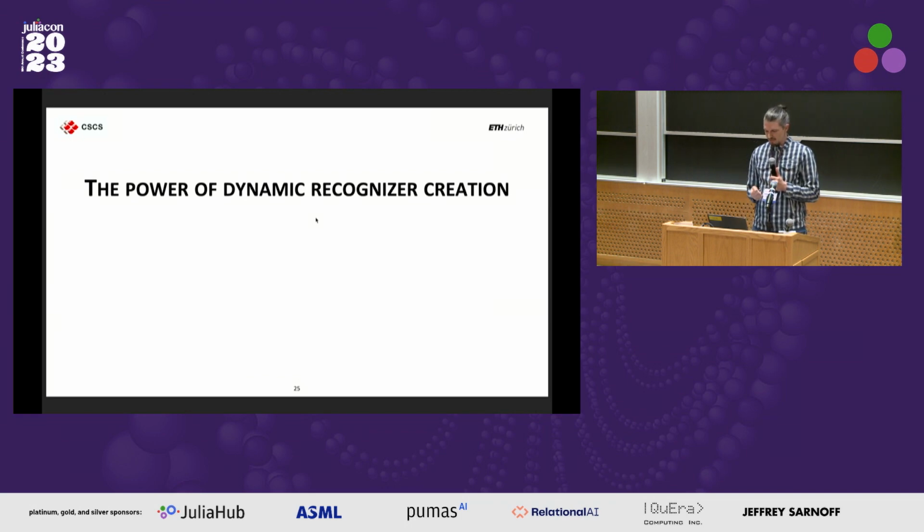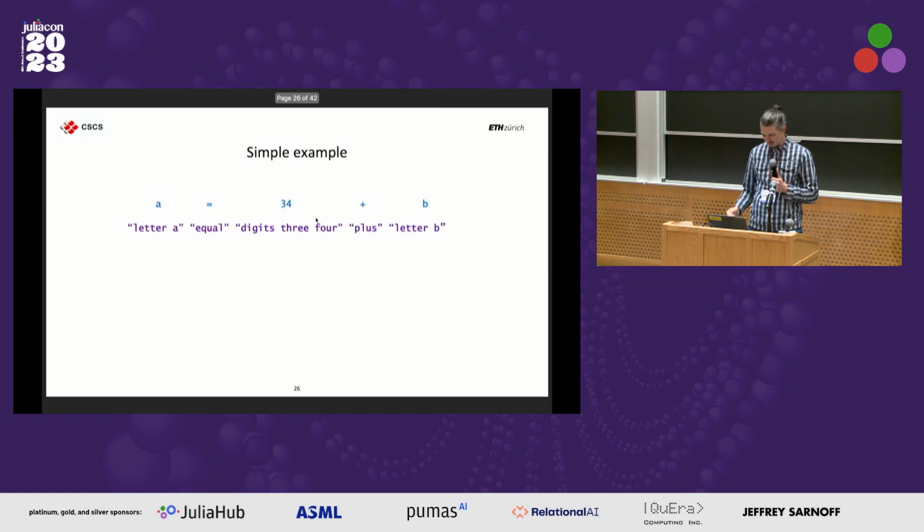assistant. And now I will show you a little bit of what's behind it, the power of dynamic recognizer creation. For example, if you want to type what you see here, you would say letter A equal digit 34 plus letter B, and then it would type that.